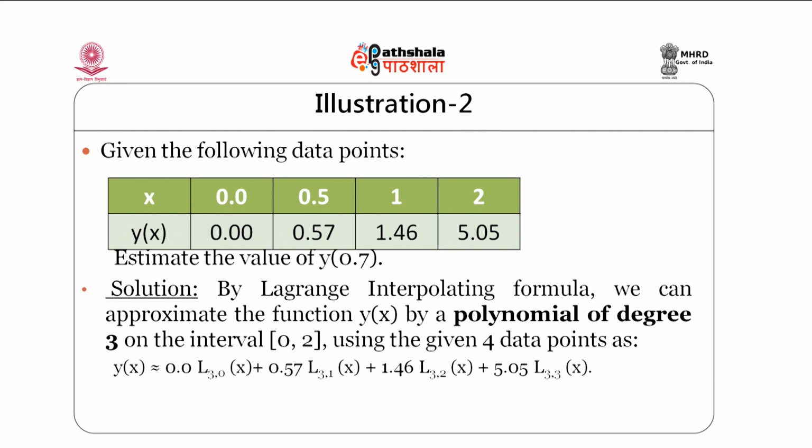So, by Lagrange's interpolating formula, we are approximating the function y x by a polynomial of degree 3 on the interval 0 to 2 using the given 4 data points, and this polynomial will be given by y x equal to 0.0 into L 3 0 x plus 0.57 into L 3 1 x plus 1.46 into L 3 2 x plus 5.05 into L 3 3 x.